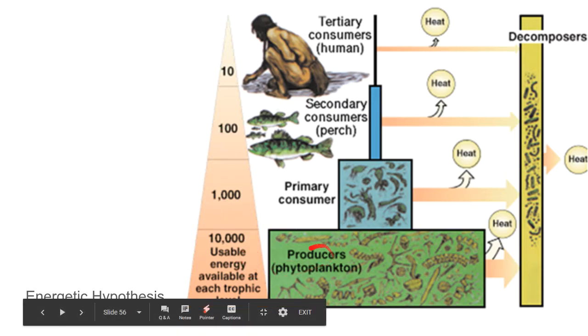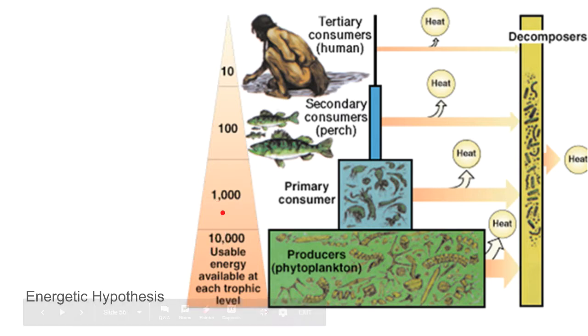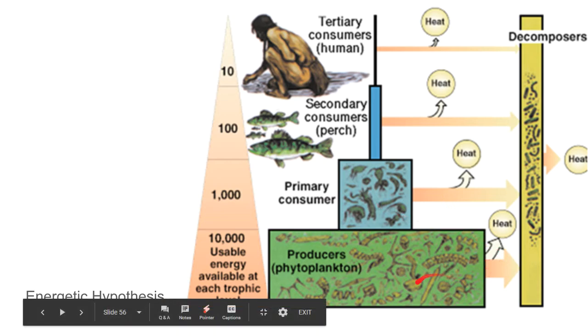So these phytoplankton or these producers, they might have 10,000 available energy units, right? But only 1,000 gets transferred up to the primary consumers because so much energy is being used just to stay alive and is released as heat.